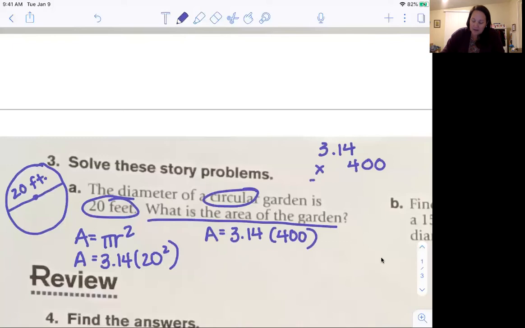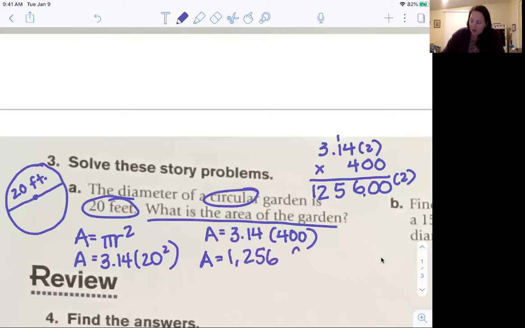Remember my handy dandy trick we can use? 4 times 4 is 16. Carry the 1. 4 times 1 is 4 plus 1 is 5. 4 times 3 is 12. And I can bring down those zeros. Then I got my 2 decimal places. Area equals 1,256 square feet. That is a massively huge garden. I would love a garden that big.